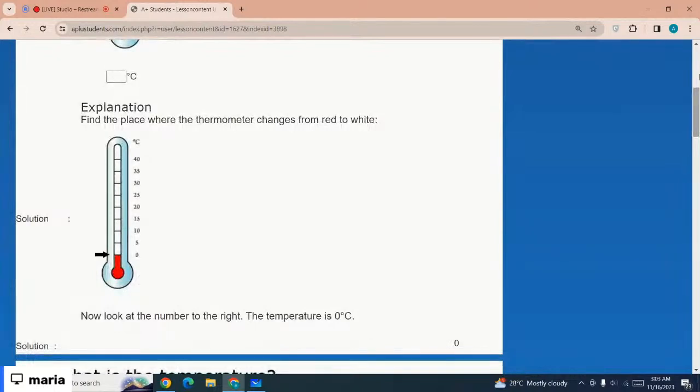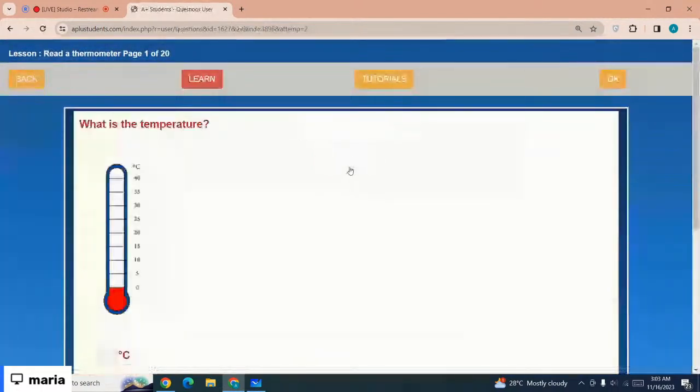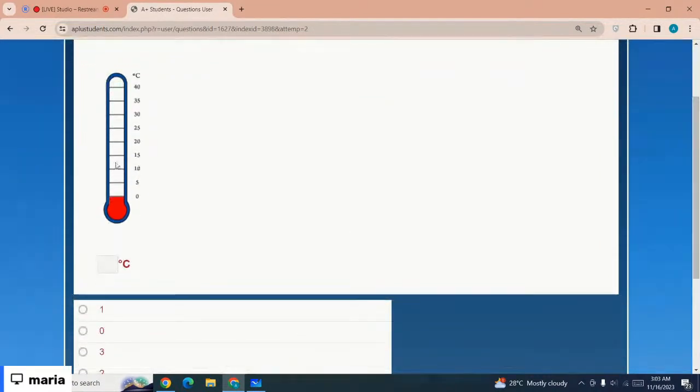Let's start with the practice questions. What is the temperature? You have to match the red line. When you match the red line, it would be 0 degrees Celsius, so the correct option is 0.